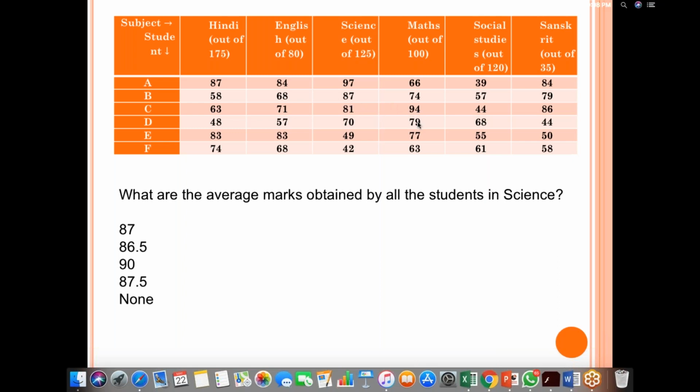No, Kushagar, the answer should not be divided by 380 because we are not finding the percentage of marks. We are finding just the average of the marks. Had it been the percentage of marks, then we should have divided it by this 80, and the question would have been much easier.